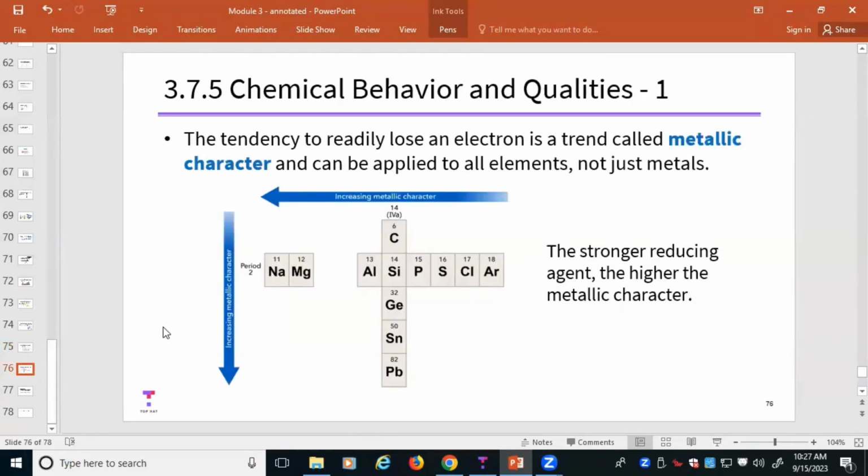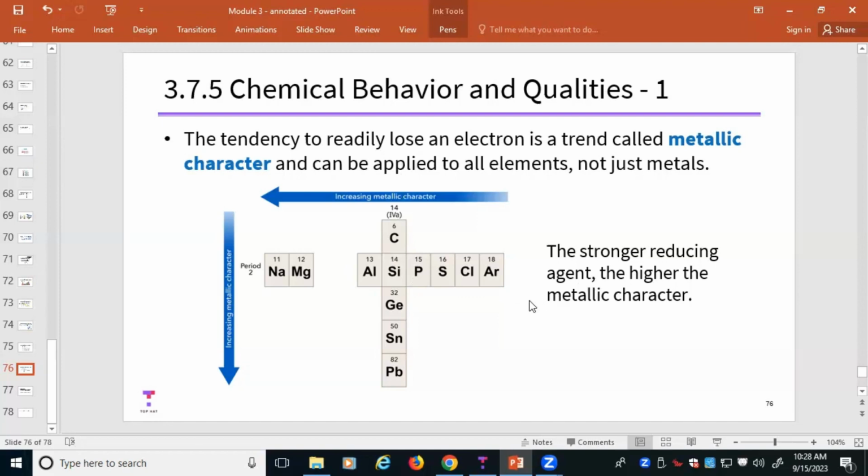All right, last notes that we want to make for this particular module, consider chemical behavior and qualities. And we just want to talk just a little bit about these two individually. The first thing is we want to look at metallic behavior or metallic character. Metallic character can be applied to any element, and it's an affinity or a capability, the kind of general need to lose electrons.